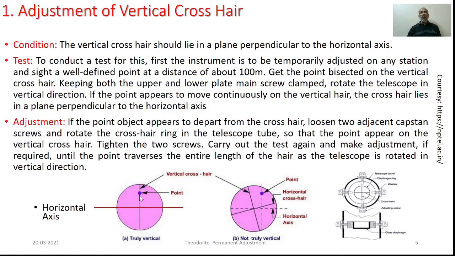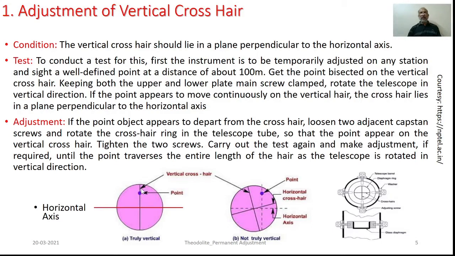Now, we can clamp the motion by clamping the upper as well as lower clamp, and as we rotate the telescope vertically in slow manner, we expect that point to travel exactly along that particular vertical hair.